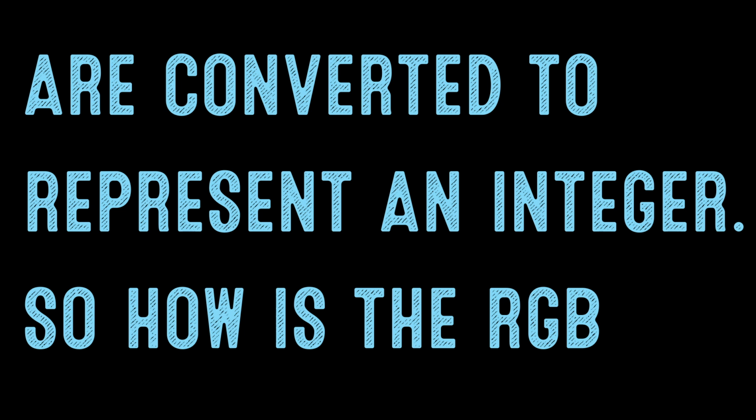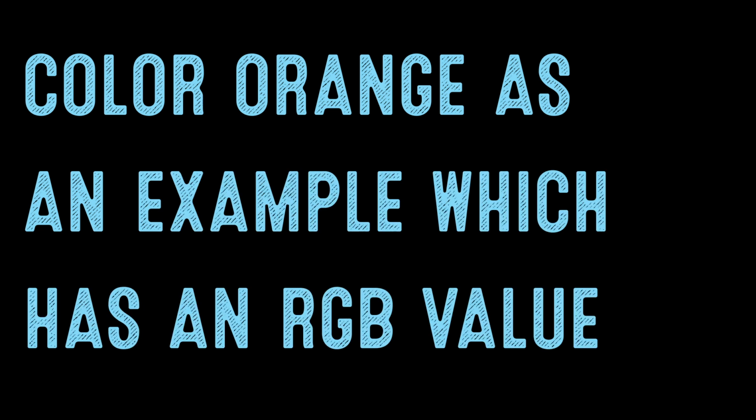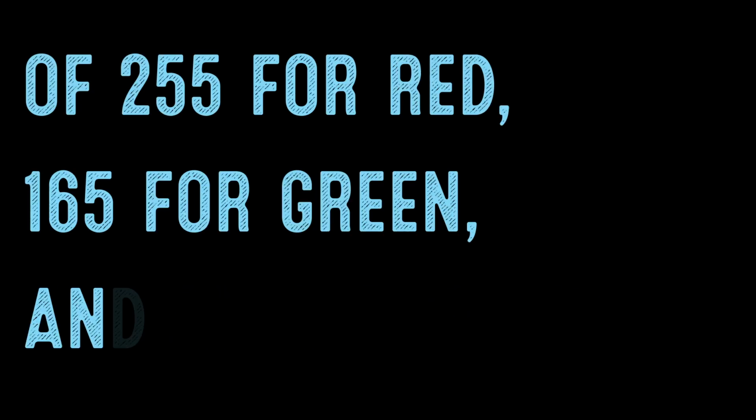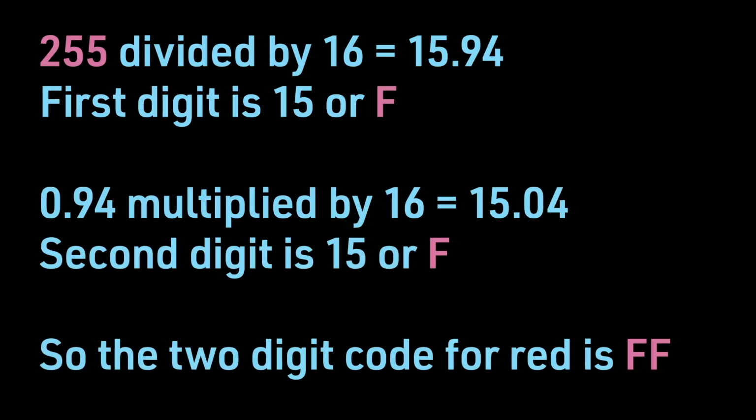So how is the RGB color converted into a hex color? If we take the color orange as an example, which has an RGB value of 255 for red, 165 for green, and 0 for blue, we would first take 255 divided by 16 to get 15.94.